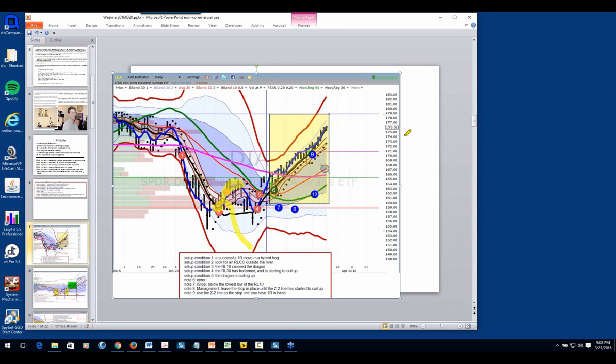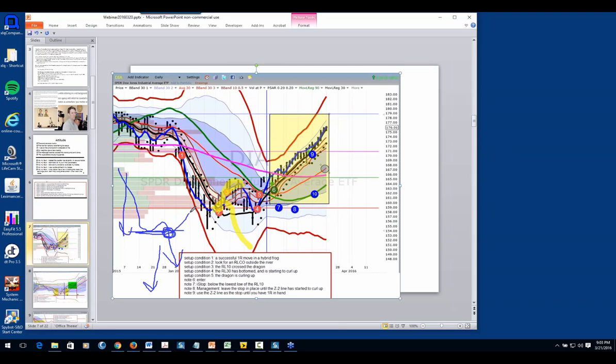That's the easiest one to believe. So if this had done this, and then the 10 didn't get through the dragon at all and just rolled over and failed, as soon as it takes out this swing low, not later than that moment, that's when you got to get short again, because the size of this move is the size of that move.